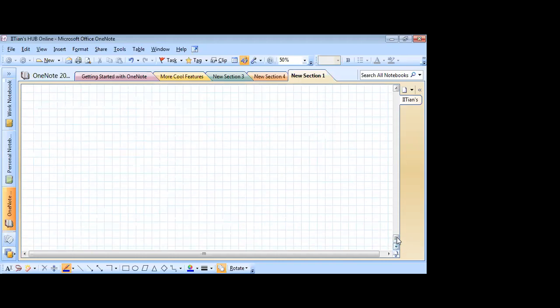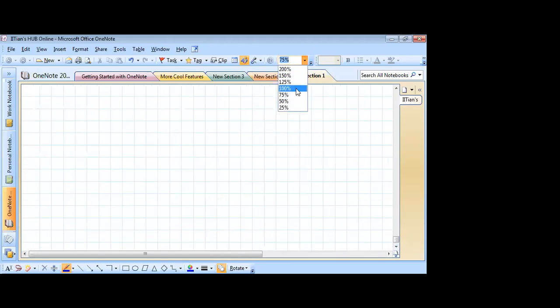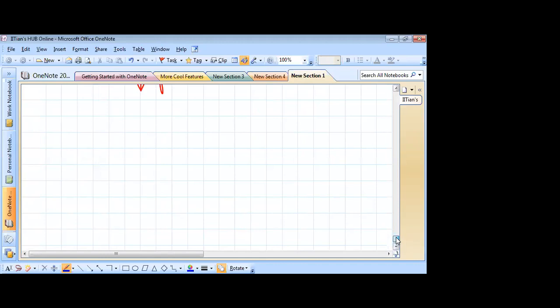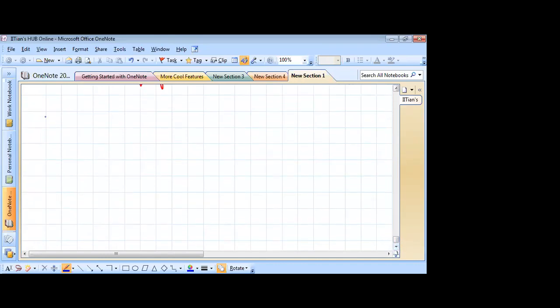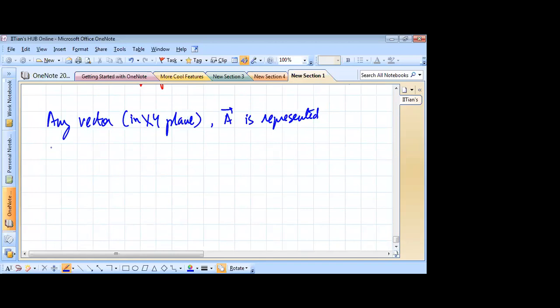Next thing, let's understand. Once we've defined our I cap and J cap, now any vector in the xy plane is now represented in component form.